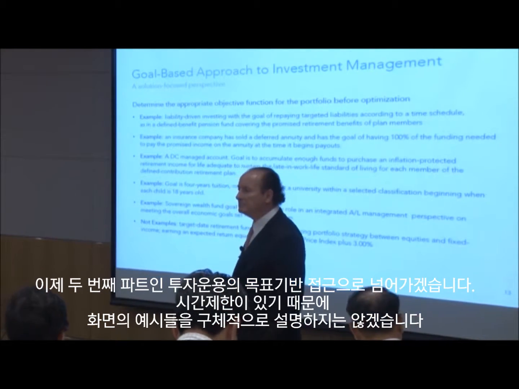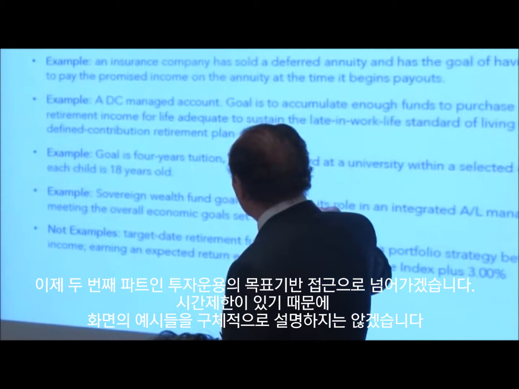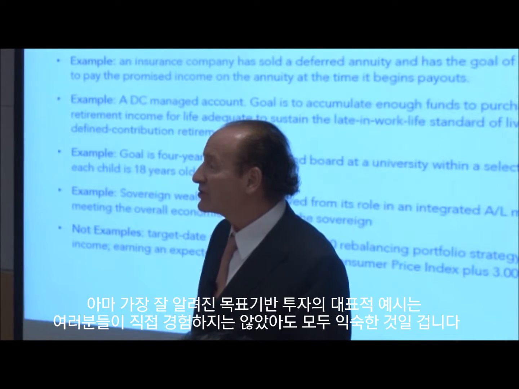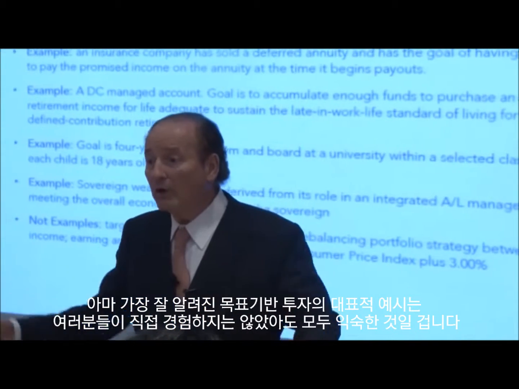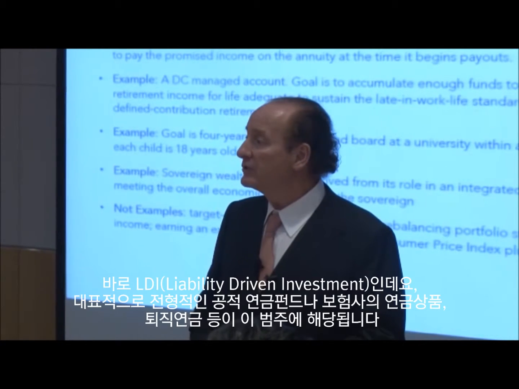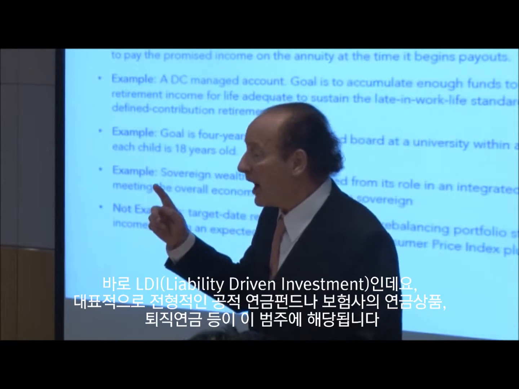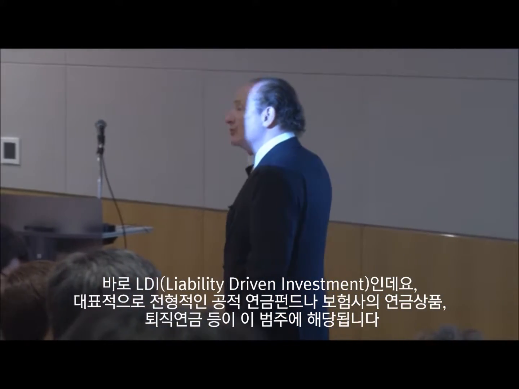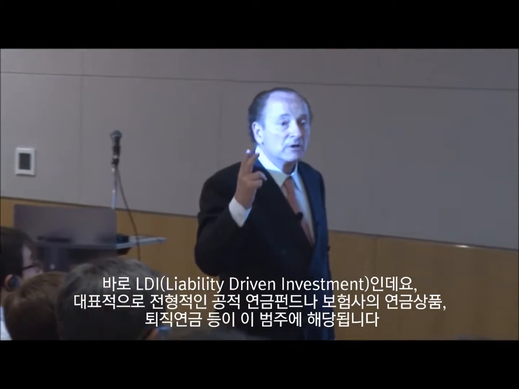And given the time, I'm first going to describe, I'm not going to go through these examples, but I'll show you they're there, other than to say probably the best known example in size in the world of goals-based investing that you would all be familiar with, not necessarily that you do it, but you know, is liability-driven investment, typically in the area of pension liabilities, either pension funds or insurance companies who are writing annuities, or insurance companies that are guaranteeing pensions, are taking on the pension obligations.